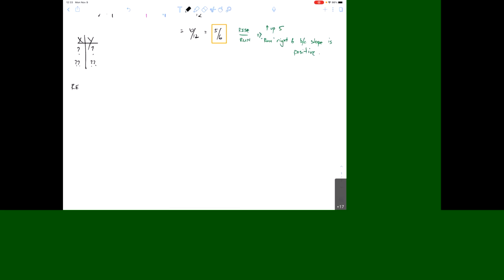So I'm going to say here, recall. So if you recall, remember we had these unique lines that were either horizontal or vertical, right? So recall we had lines that were strictly vertical or horizontal.